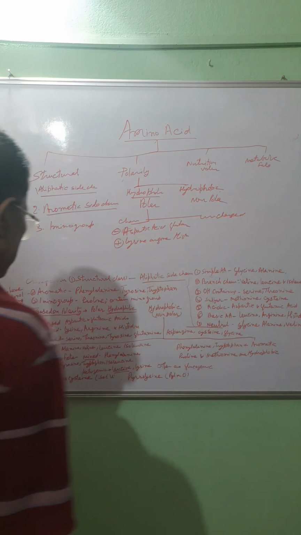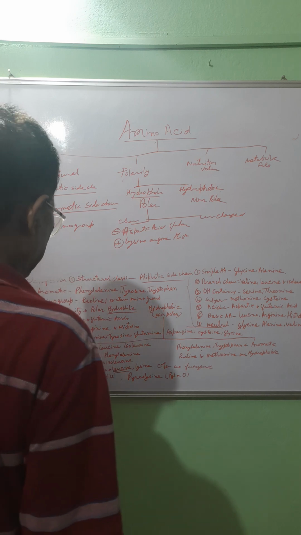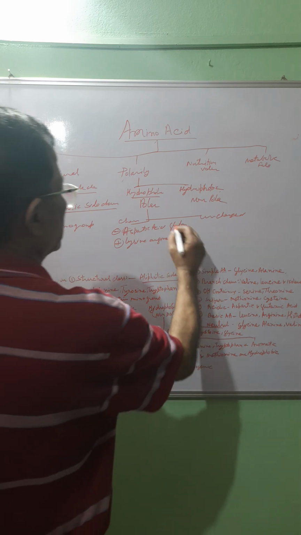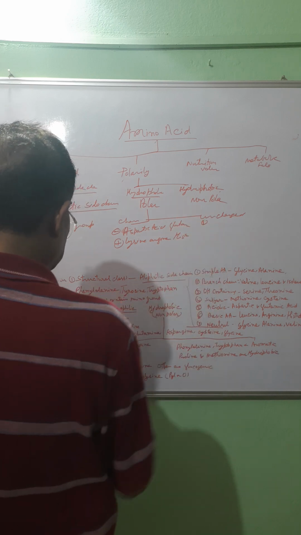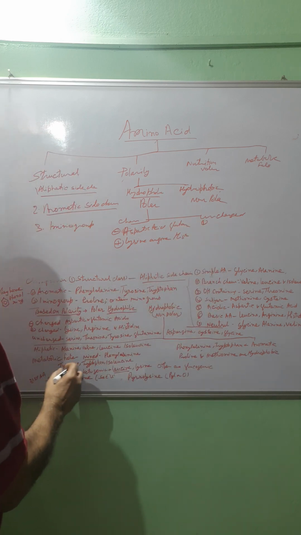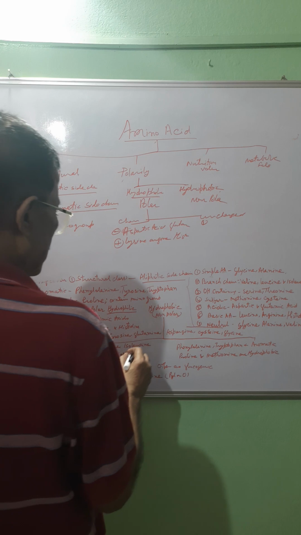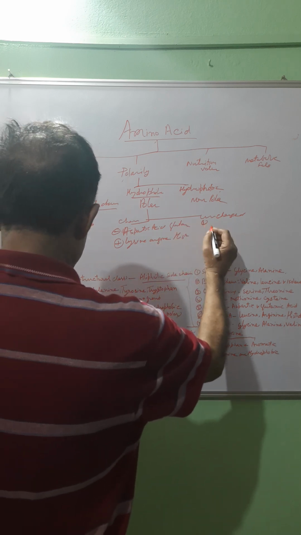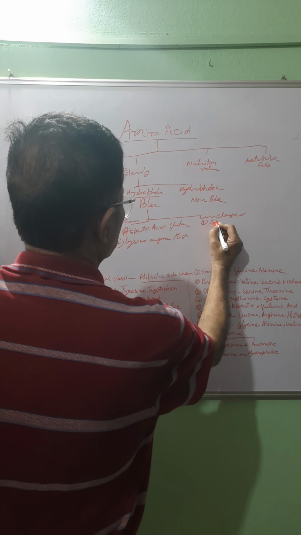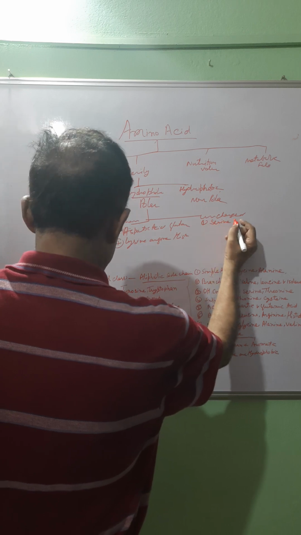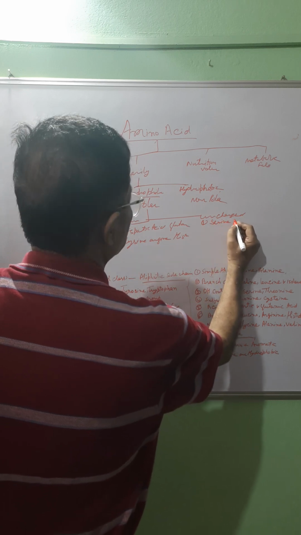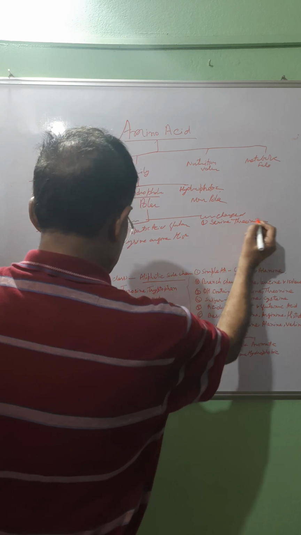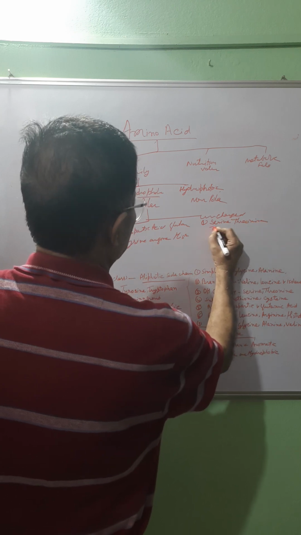In uncharged, there is serine, threonine, tyrosine and glutamine. These are the uncharged.